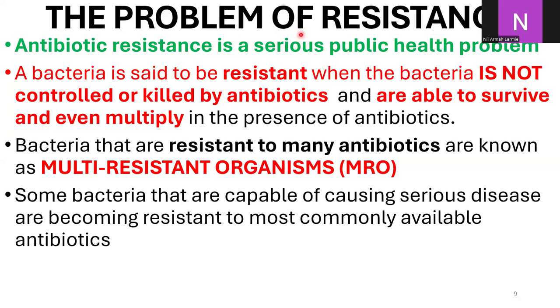There are some bacteria that have developed resistance to more than one antibiotic, to many antibiotics. These ones are referred to as multi-drug resistant organisms or multi-resistant organisms. And these ones are very important to us because they pose serious public health problems. In fact, the problem of resistance is a public health problem.